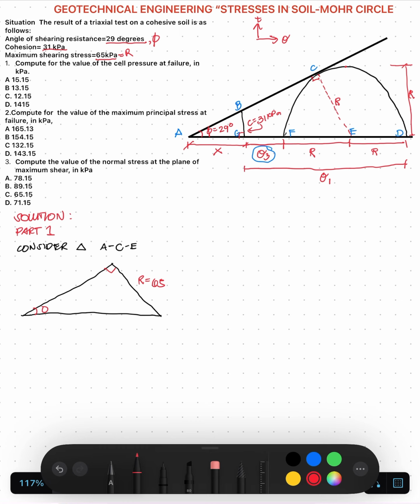We have phi equal to 29 degrees, and the value of our hypotenuse here is just equal to this one, that one. So that is equal to x plus sigma 3 plus r.